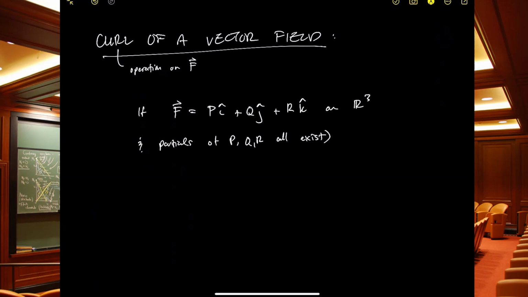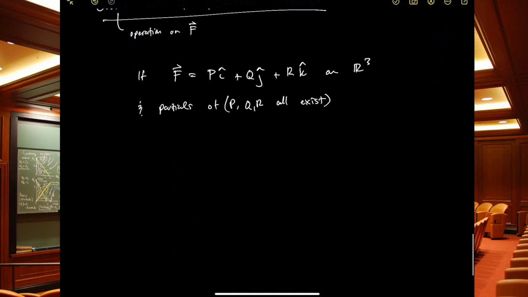Okay, so essentially we're playing with nicer functions, or we're avoiding the places where these things don't act nicely. Then the curl is given by, and we write just the word curl of F equals, and then we'll talk about why this is such a crazy formula.